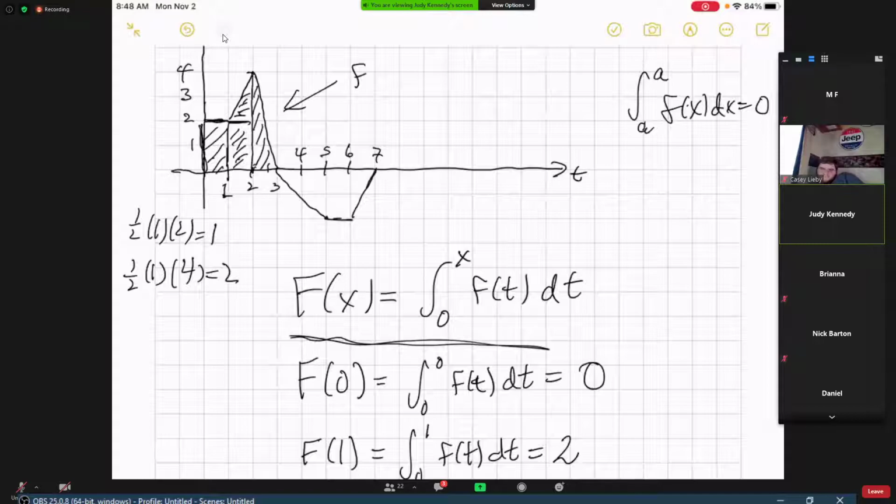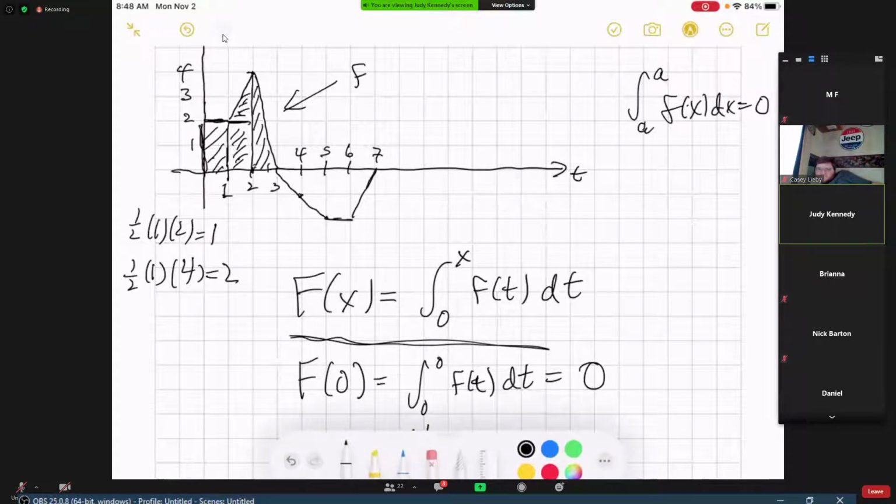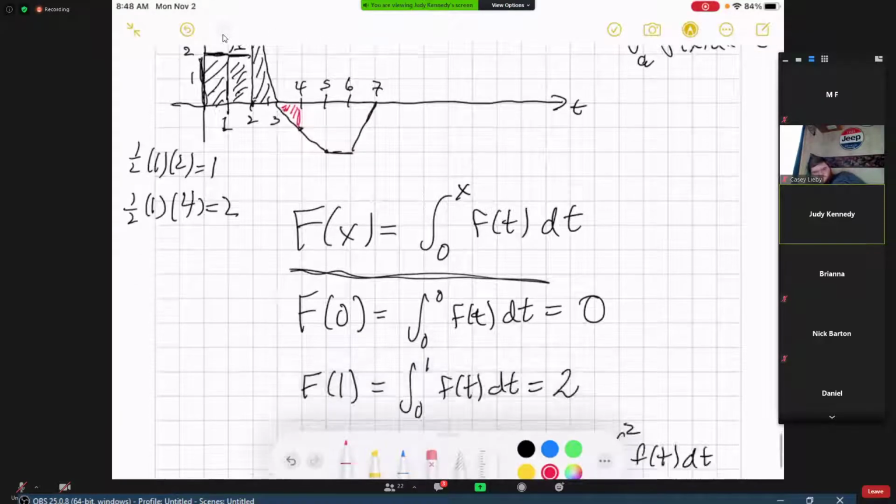Well, what happens when you go to 4? And that's supposed to go through that line, actually. When we go to 4, now the graph is beneath the x-axis. So now we've gone beneath the x-axis.